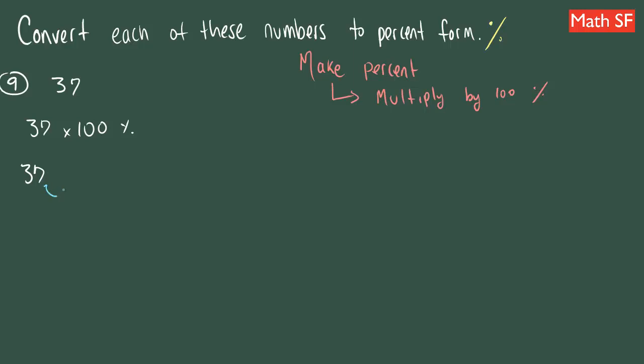So 1, 2. It should be filled with 0, and that should be 3,700. They didn't specify if we have to convert that. Well, we're forgetting something very, very important, because the question was to write this with a percent symbol.